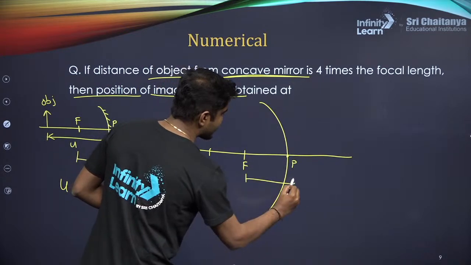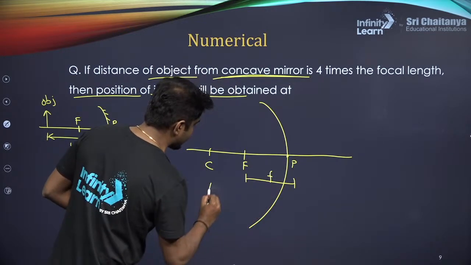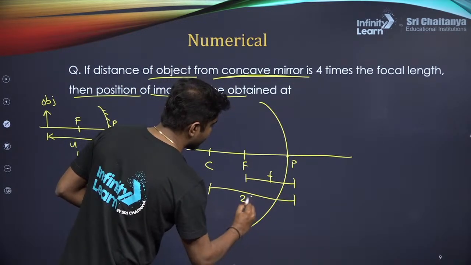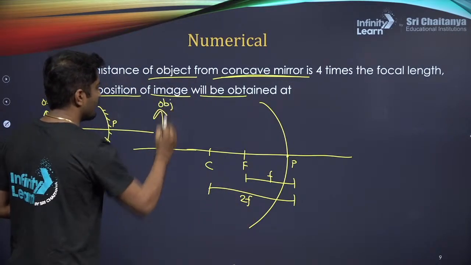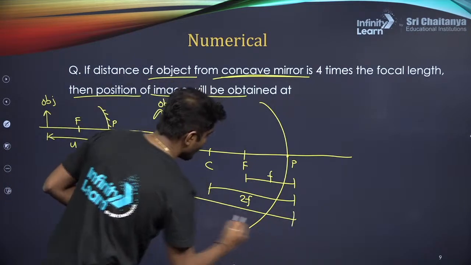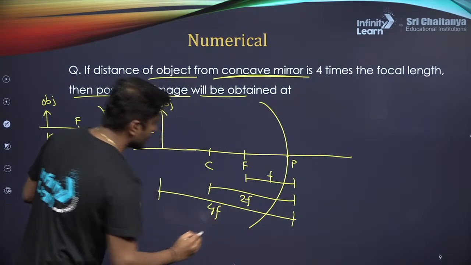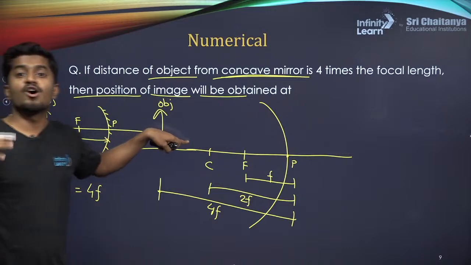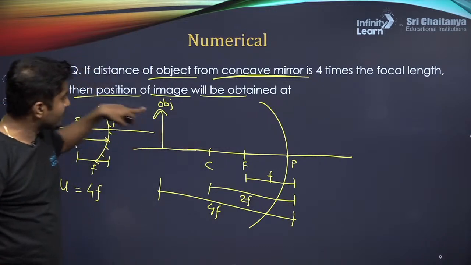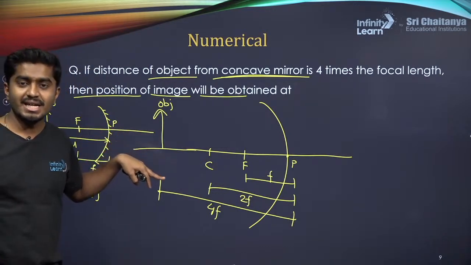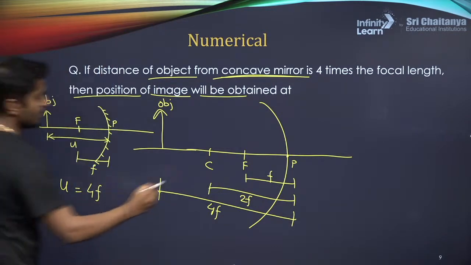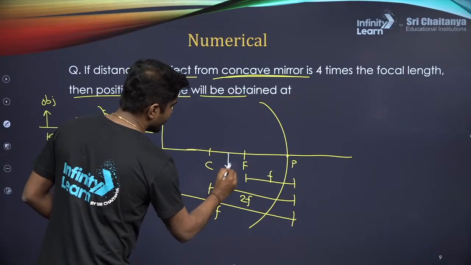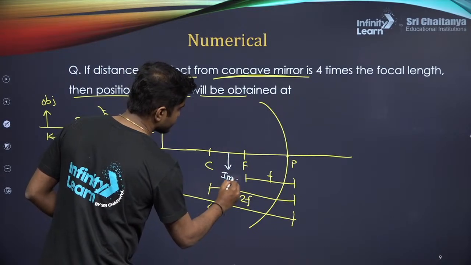This length is F, this length is 2 times F. There is an object at a distance of 4 times F. So the object is placed beyond C. If you place the object beyond C, where will the image be? The image will form here. This would be the image.